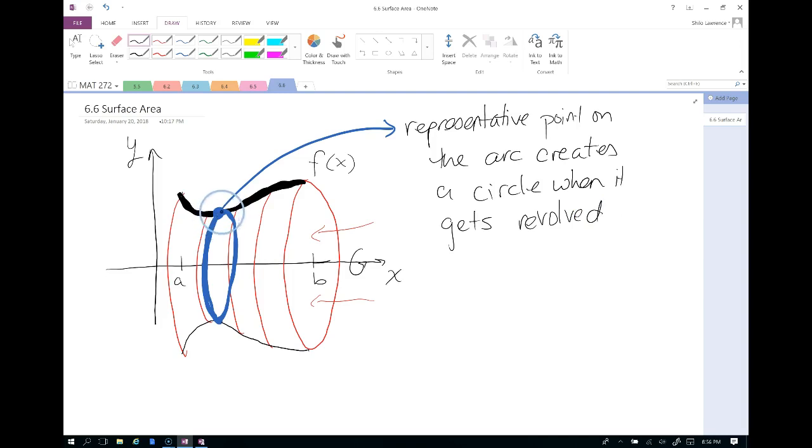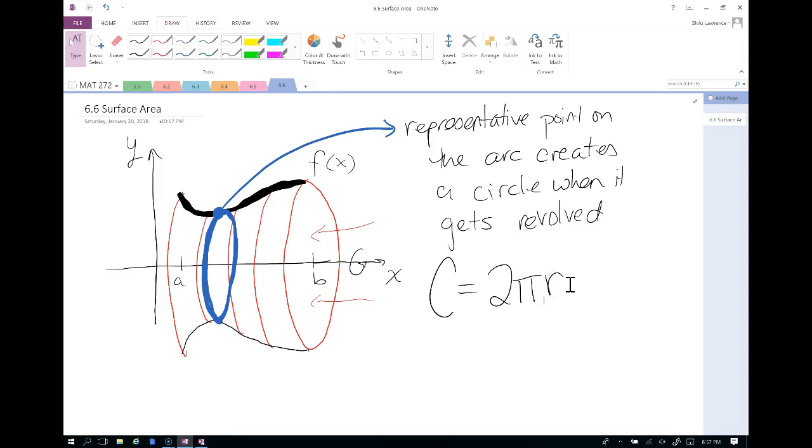And when we do surface area, we're just going around the outside edge of the circle. So for that one thin little slice circle there, we want to know what the distance around the outside edge of the circle is, and that is circumference. So the circumference for a circle, the formula is 2 pi r.